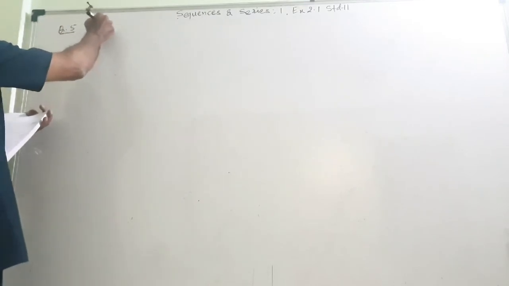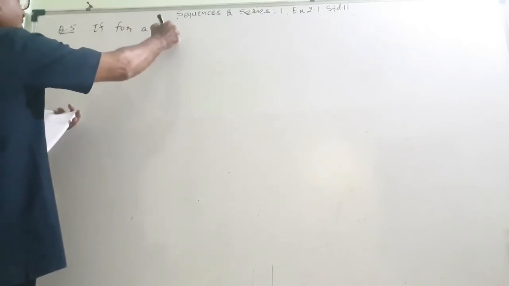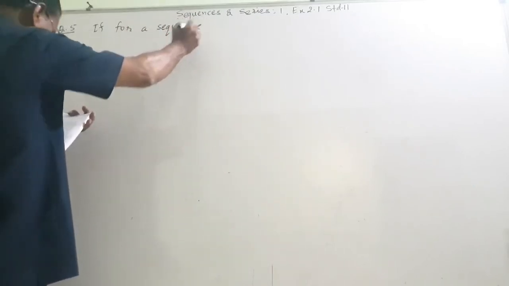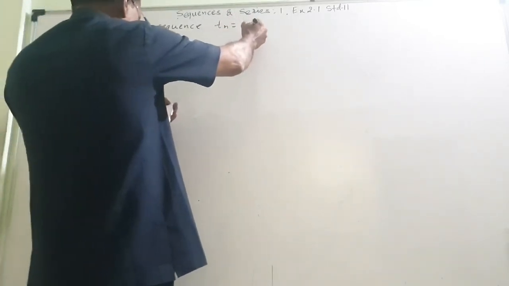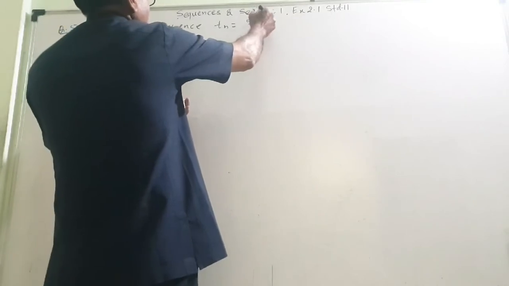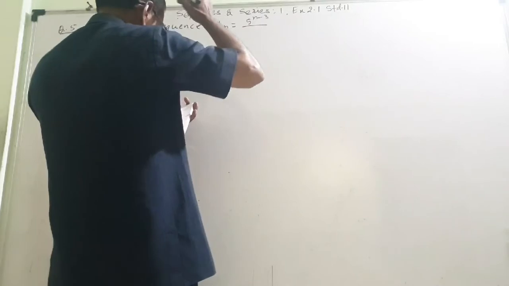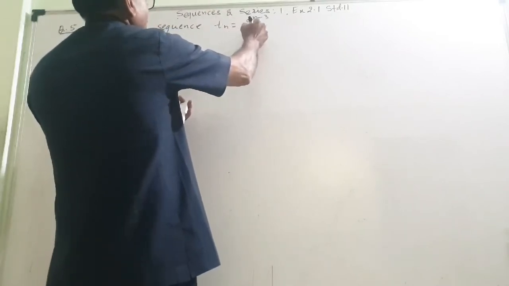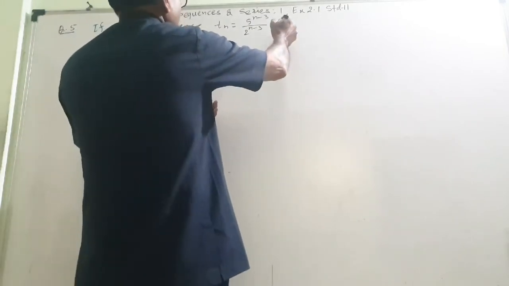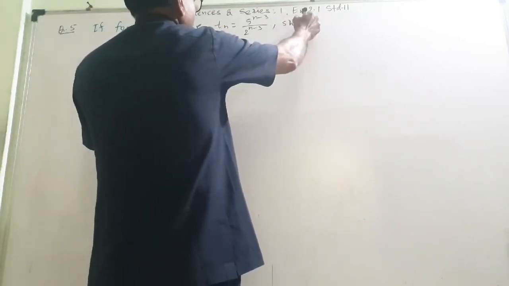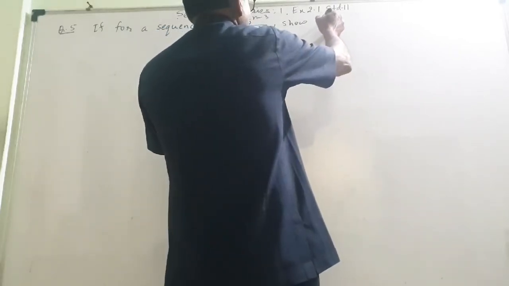If for a sequence Tn is equal to 5 raised to n minus 3 upon 2 raised to n minus 3, show that the given sequence is a GP.